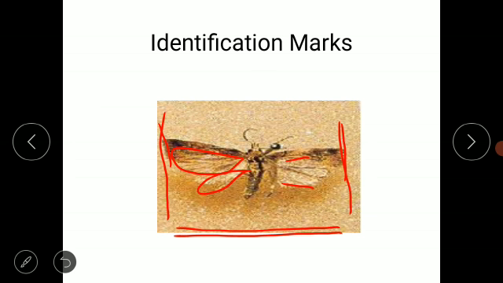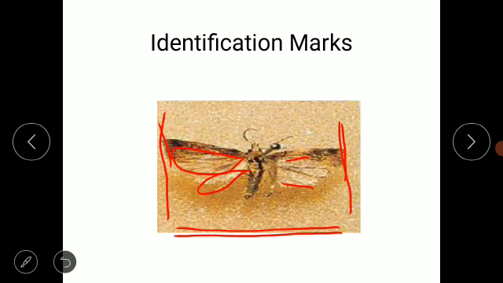Here the caterpillar means the larva with many legs. These caterpillars with mandibulate mouth parts are dirty white in color. Many dark spots also appear on the body of this caterpillar.